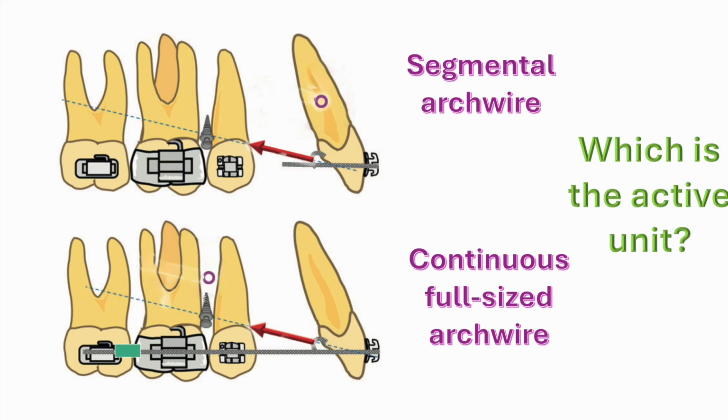But in the first picture we use a segmental arch wire, and in the second picture we use a continuous full-sized arch wire that goes along the anterior and posterior teeth. So the question is, which is the active unit in every situation?